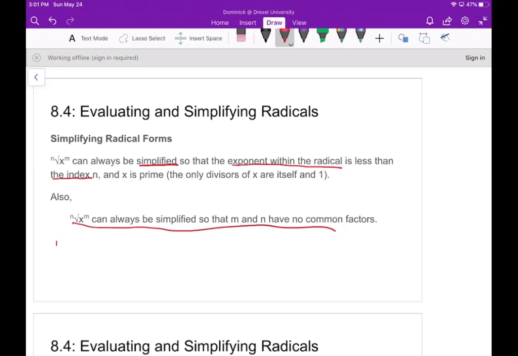So in order to do this, you're going to convert to fractional exponent form, I could just say even exponent form, and you're going to write the exponent as a mixed number.